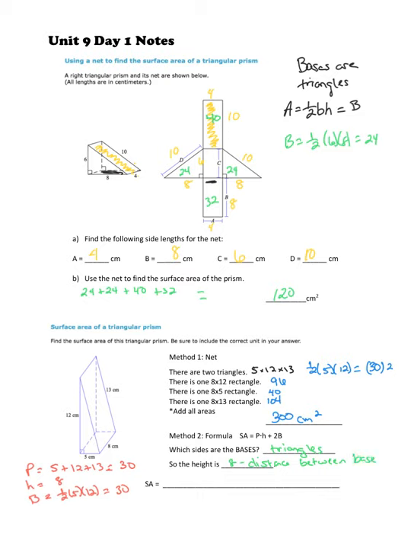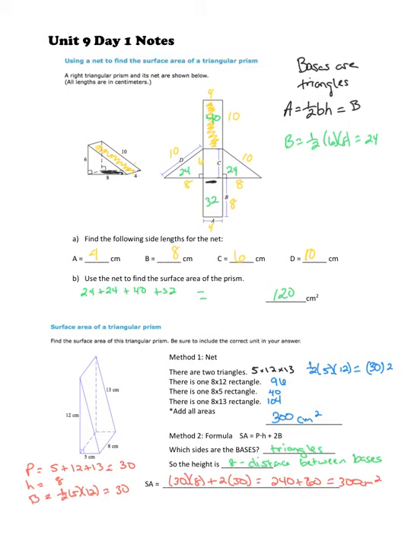So the surface area is P times H, 30 times 8, plus 2 times 30, equals 240 plus 60 equals 300 centimeters squared. Love it when something works.